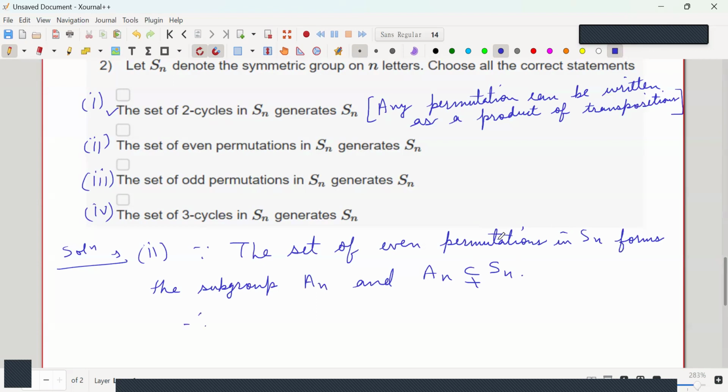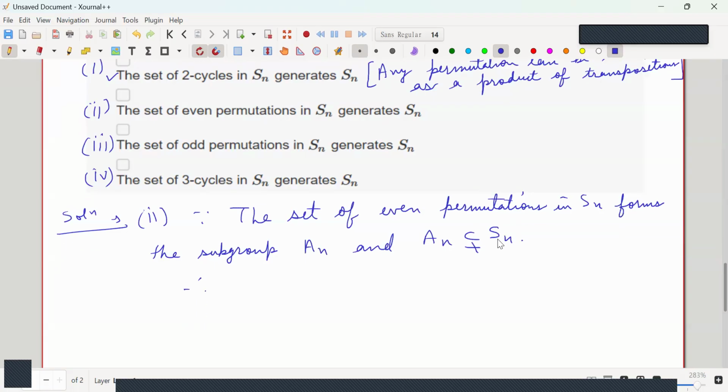Therefore, that's good enough, I guess. So it cannot generate Sn, right? Because it's already a subgroup which is properly contained in Sn. So if it's a group, then what will be the group generated by a group?